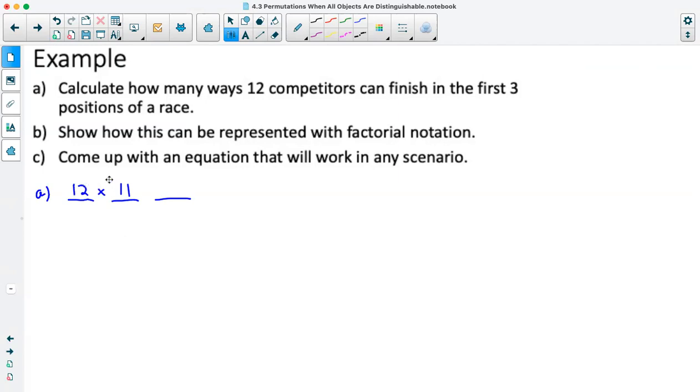If we've chosen 2 people to finish first and second, that leaves us with 10 possible people that can finish third. So that gives us 1,320 different ways 3 people can finish in the top 3 of the race.